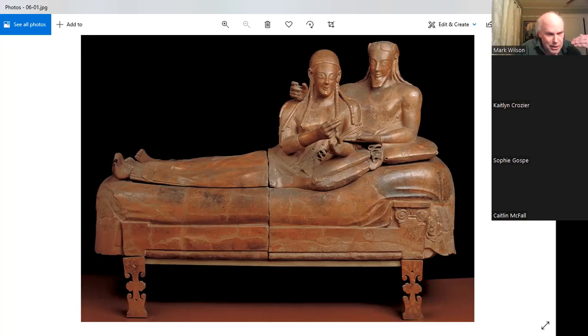Okay, I'll say it one more time. The sarcophagus is a large metal or stone box containing the remains of a deceased human being, and often with decorations along the outside.